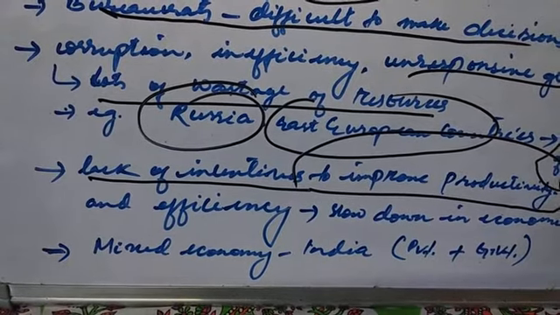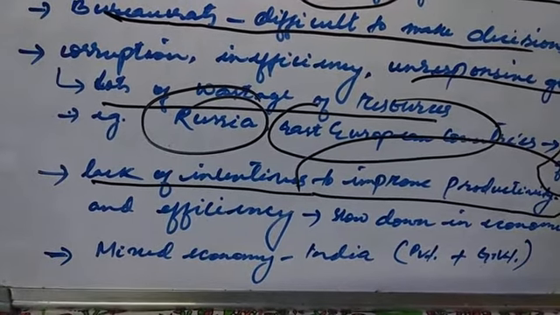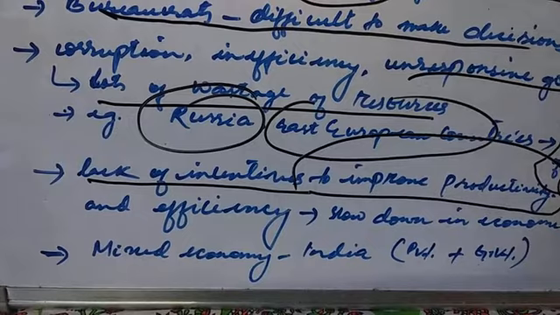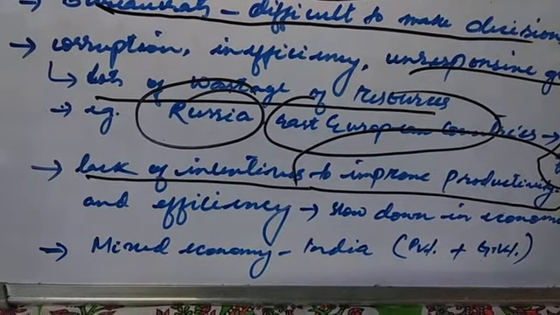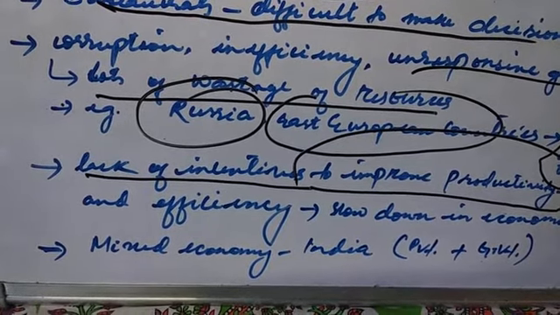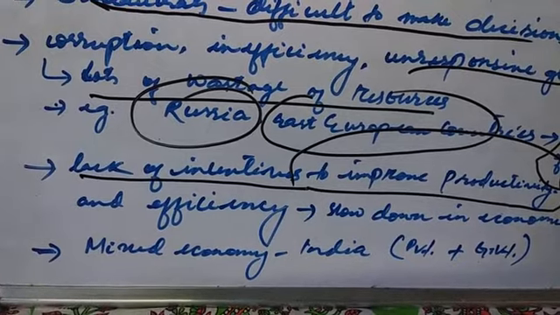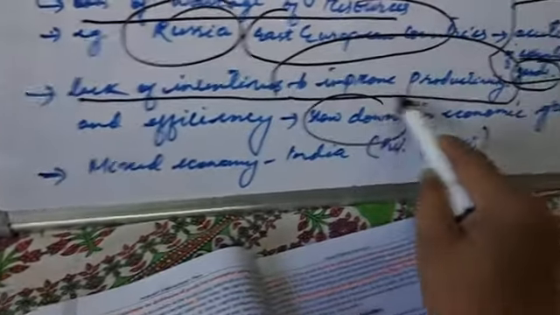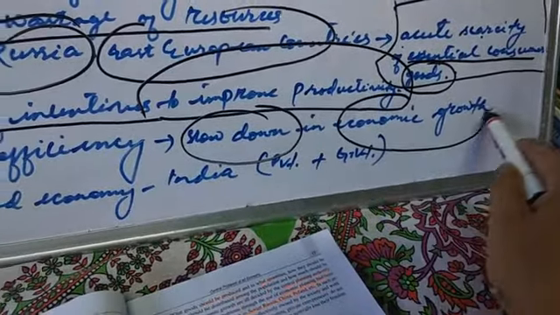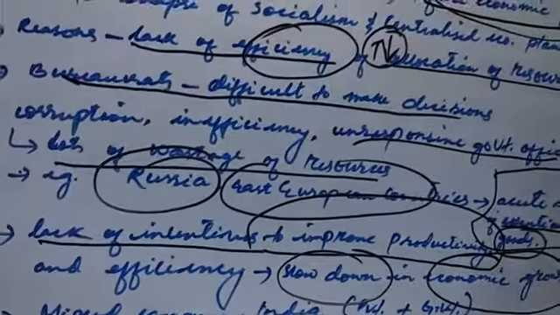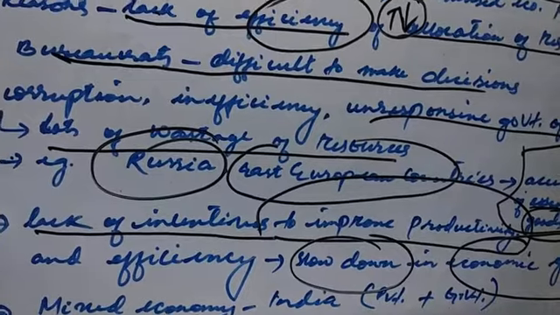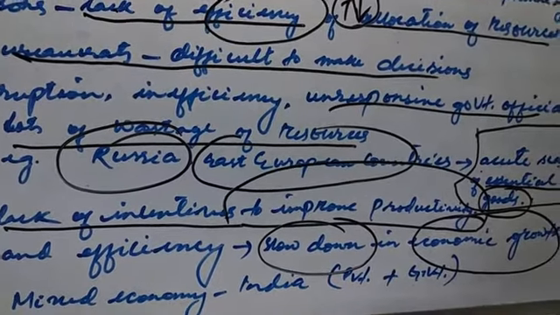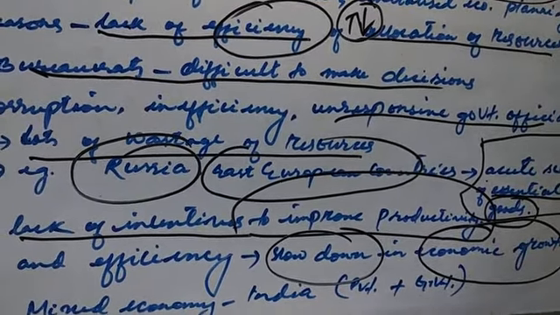This was due to the absence of the profit motive. This caused not only inefficiency in the allocation of resources, but also a slowdown in economic growth. So even centralized planning is not efficient to solve the central economic problems.